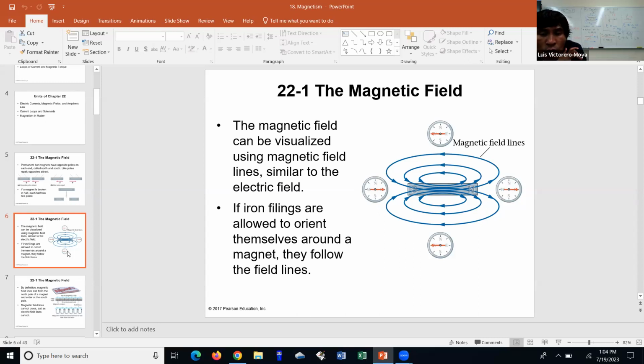A compass is an instrument used for navigation that allows you to locate the north. Why? Because of how magnetic field lines move from north to south. We can use it here on Earth because the Earth has a magnetic field.